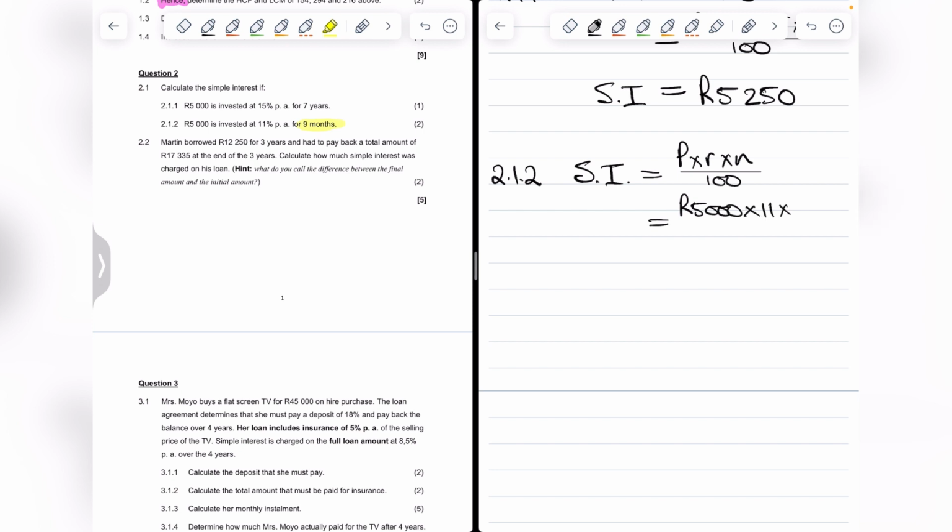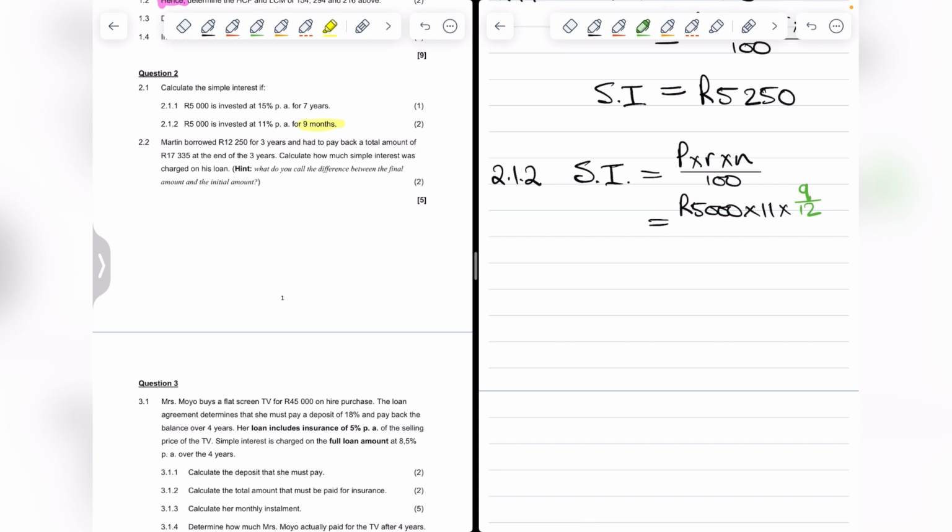And then, because 9 months is not a year, I'm not going to write 9 because N does not represent months, it represents years. So I cannot put 9 there because that would mean 9 years. And it's not 9 years, it's 9 months. So 9 months in terms of years, you would write as a fraction, 9 out of 12 months, because 1 year is equal to 12 months. So I would in fact use here 9 over 12.